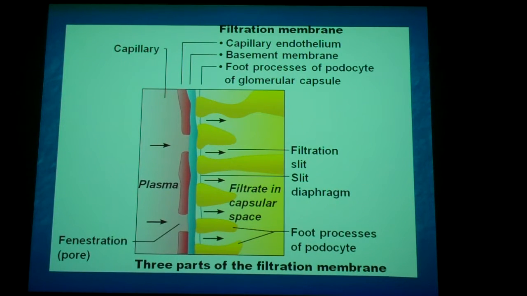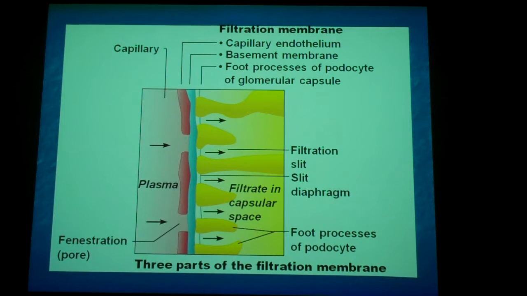And the little openings are smaller as you leave the capillary. In other words, you got to go through the fenestration, you got to go through the basement membrane, and you got to pass through a filtration slit, and these filtration slits are smaller than the fenestrations. Now, where are we when we get out here?